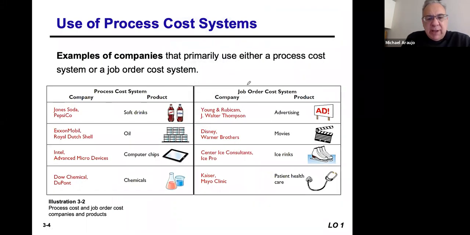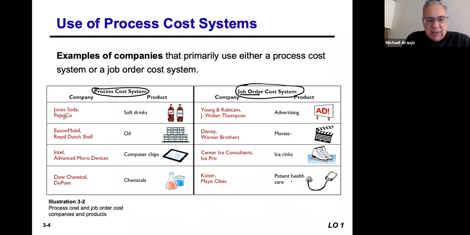Again, we were looking in chapter 2 at the job order cost system, which, as you know, is done by job. So specific movies are costed out, specific medical care is costed out accordingly. But process cost systems are quite popular as well.